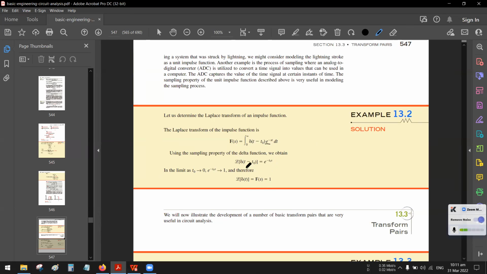So this is now the equivalent Laplace transform of the unit impulse, or delta of t, the delta function of time, equivalent to 1. Our limit is 0 to infinity, so t sub 0 is equal to 0. Then we have e raised to negative st, where our t here is t sub 0.